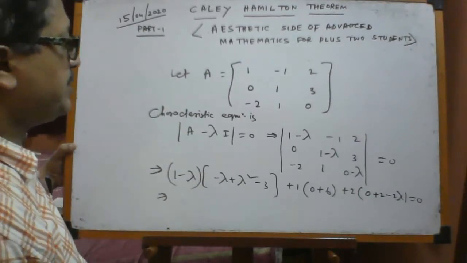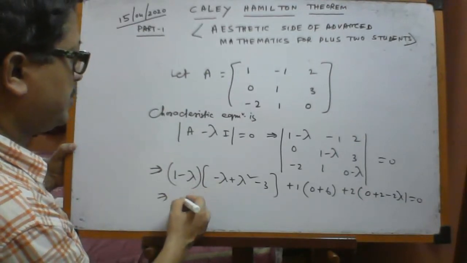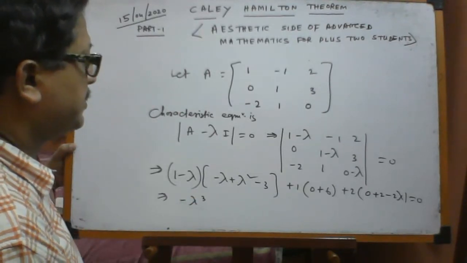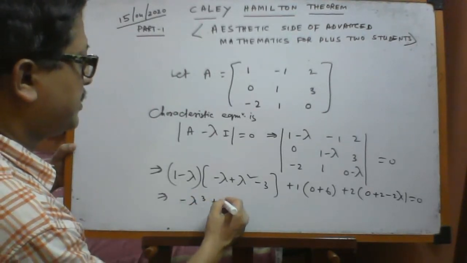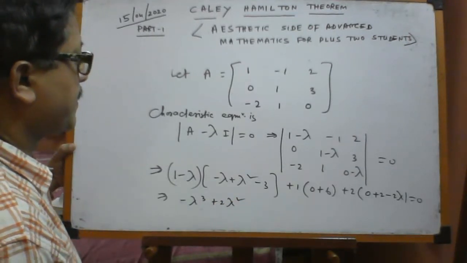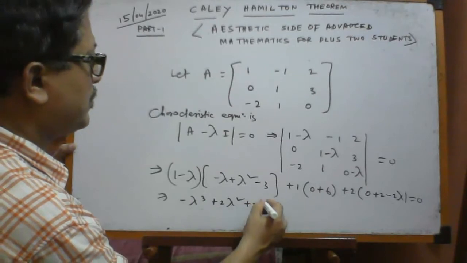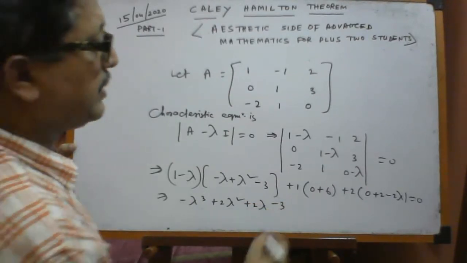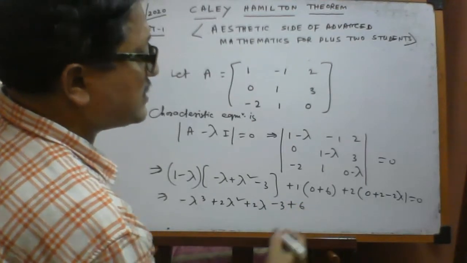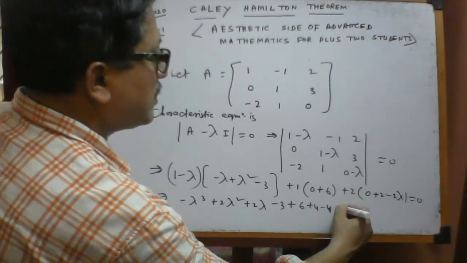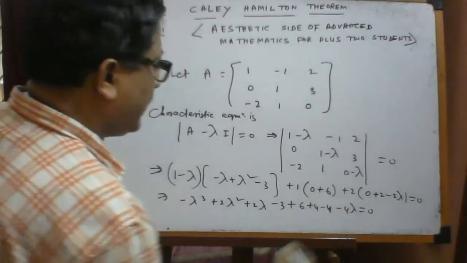So this will be changed to minus lambda cube plus 2 lambda square plus 2 lambda minus 3 plus 6 plus 4 minus 4 lambda equal to 0.